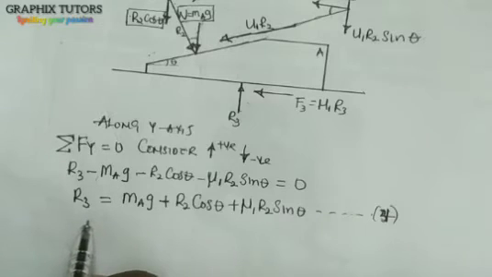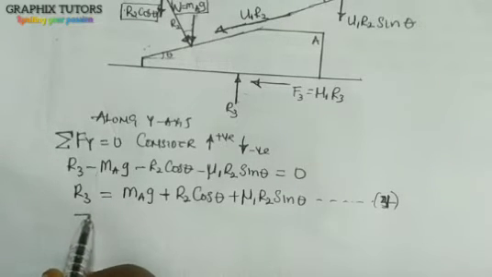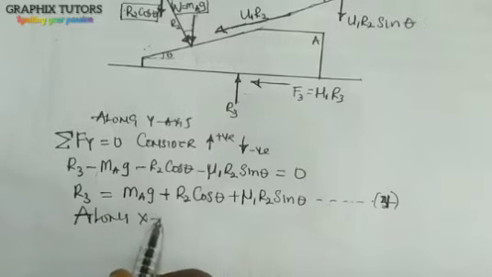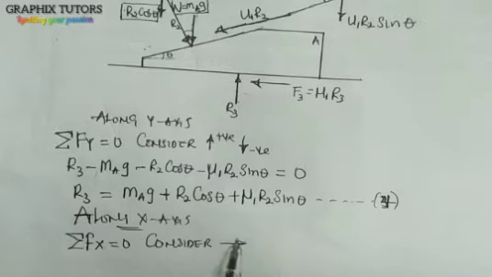Now the next thing we are going to be doing here is the summation, let me just put it this way, along x-axis, right? So it means the equilibrium of forces of the horizontal component is equal to 0, and we want to consider the forward force to be positive and the backward force to be what?